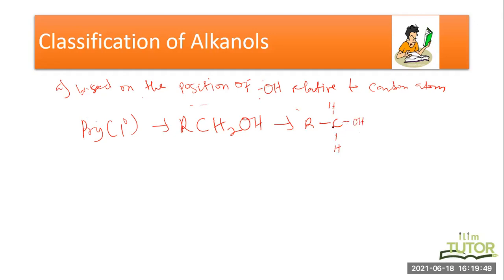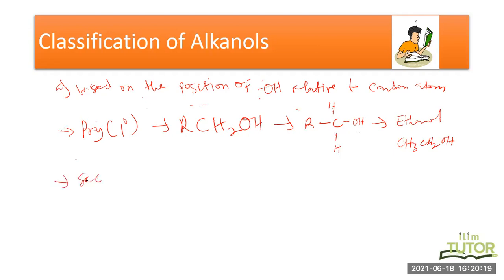If the OH is attached to a carbon that has 2 hydrogen atoms, we say that is a primary alcohol. An example is ethanol, which is CH3CH2OH.